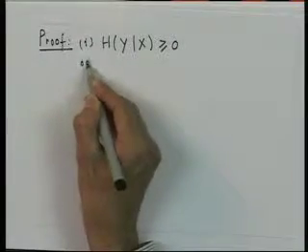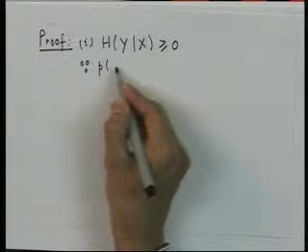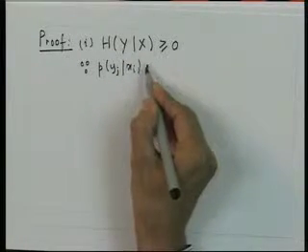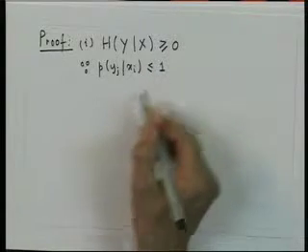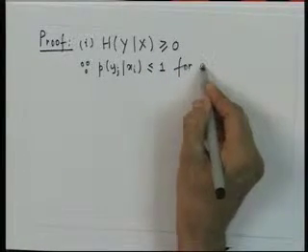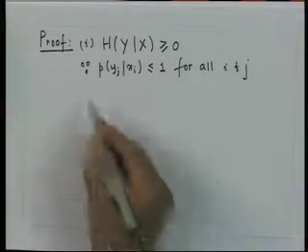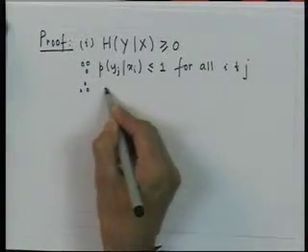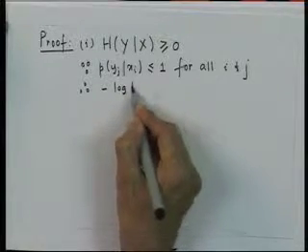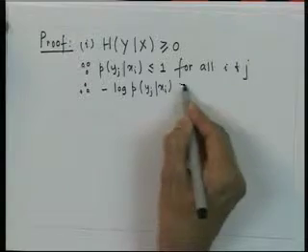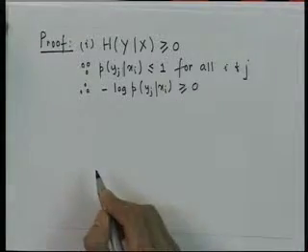Because probability of yj given xi is less than or equal to 1 for all i and j, this implies that minus log of probability of yj given xi is always greater than or equal to 0.